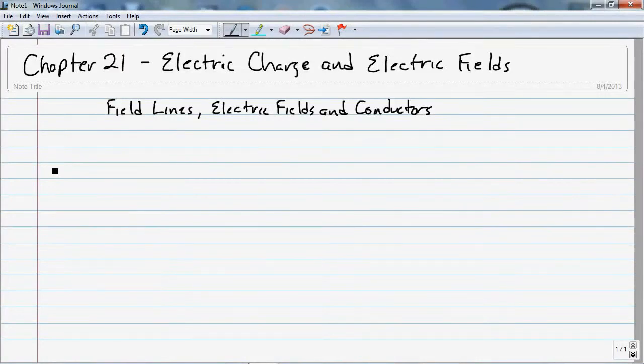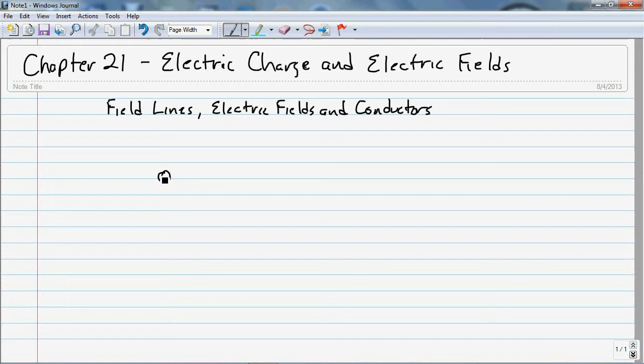In our discussion of the electric field, we've been doing calculations to find the field at specific points. But as I mentioned earlier, the electric field exists all around the charges.